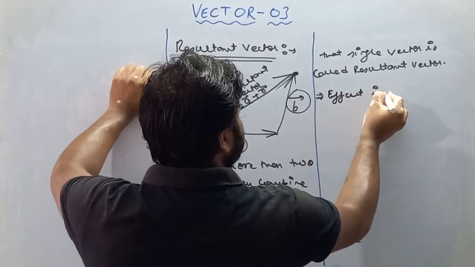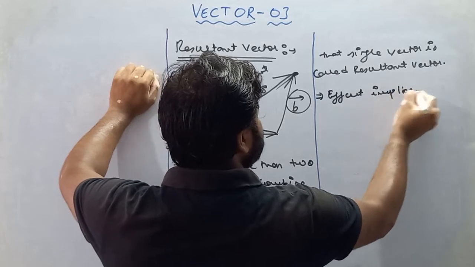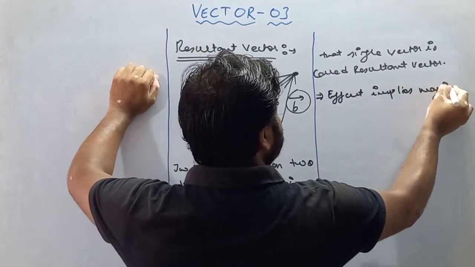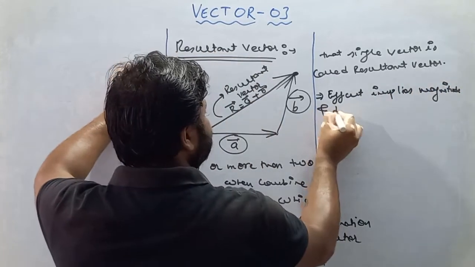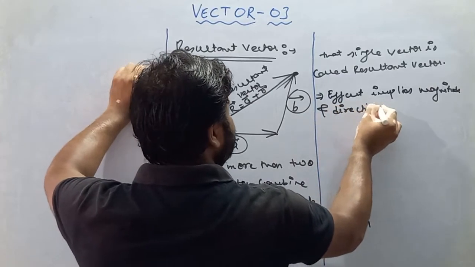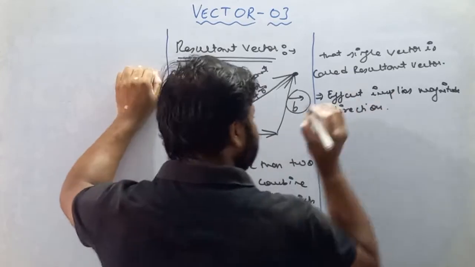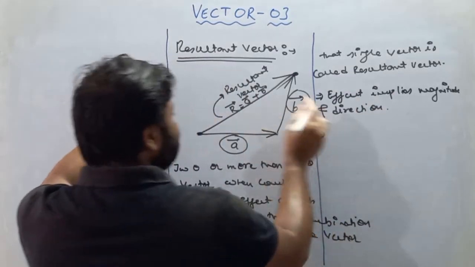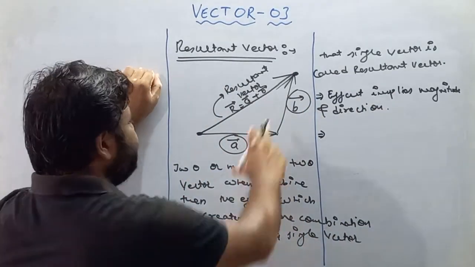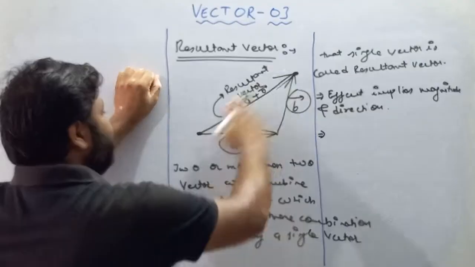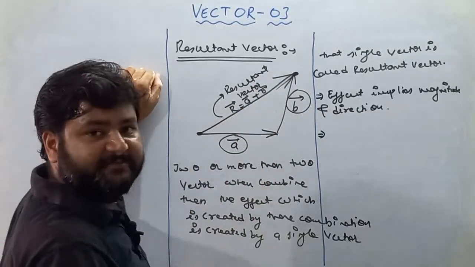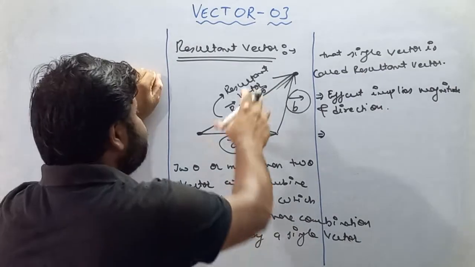So I'll write here: effect implies magnitude and direction. So we'll say the effect which is created by both of the vectors is equal to the effect created by the individual vector, which is called the resultant vector.